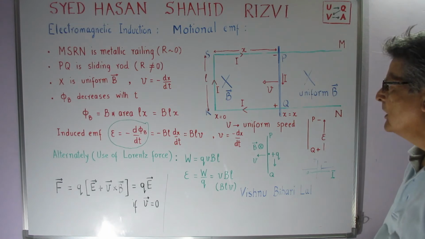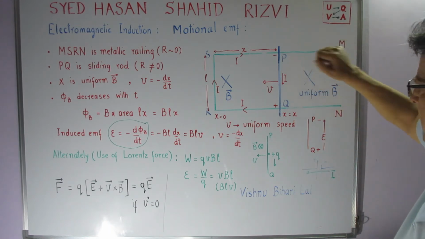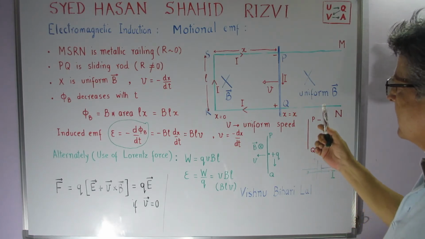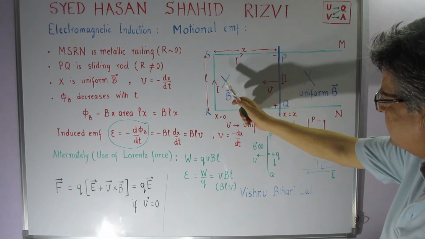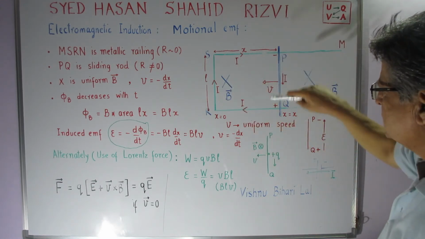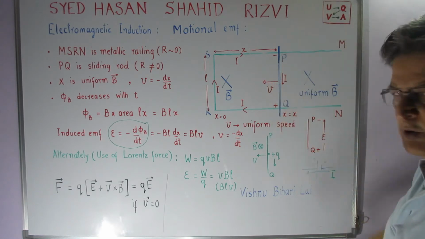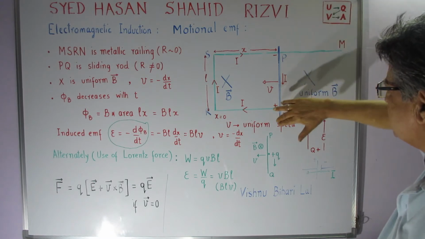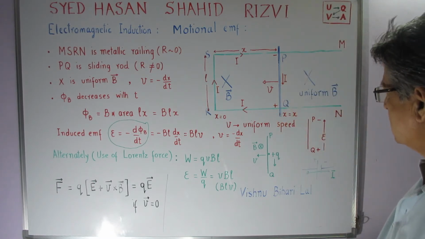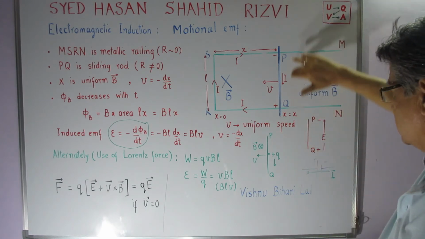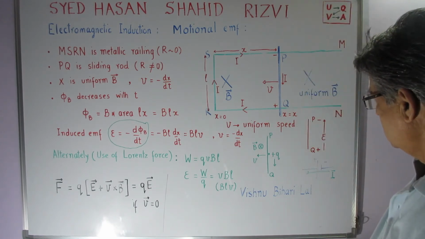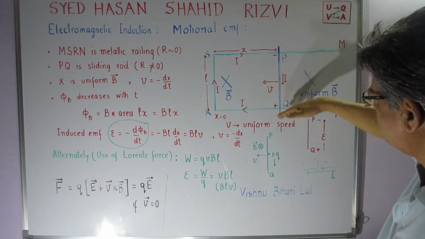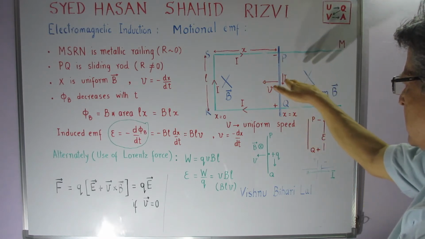Interesting. So what happens basically is that when the magnetic field is into the board, and the current is in this direction, current is the flow of charges, and this rod is being moved in this direction, what will happen?